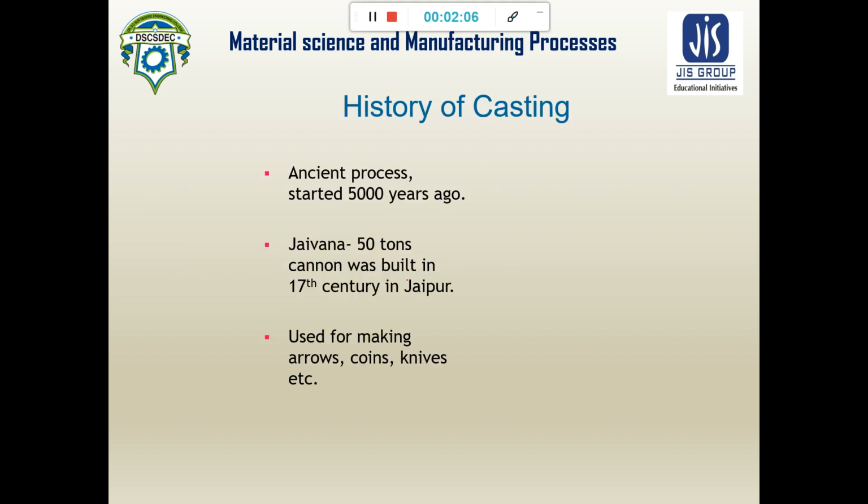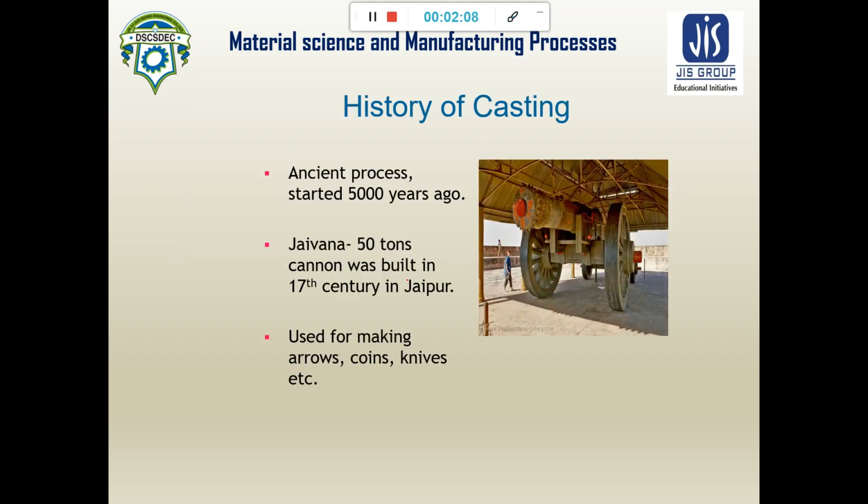Now, this is the ancient process. Casting is the most ancient process. It started 5,000 years ago, and this is the first manufacturing process. For example, the 50-ton cannon of the 17th century was made using casting only.